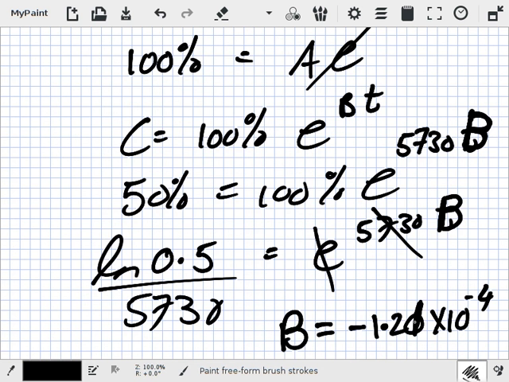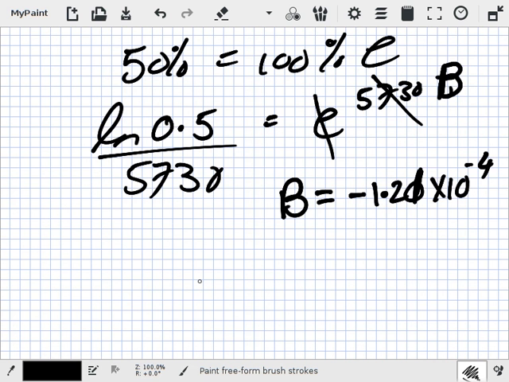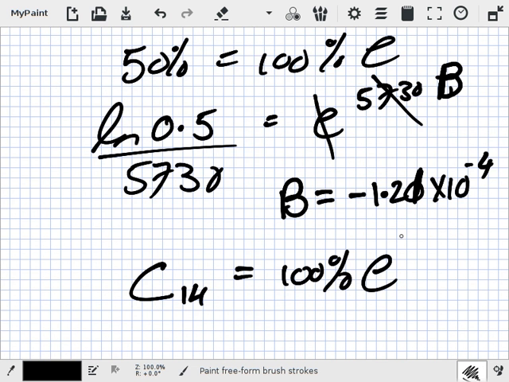So now we have the formula: carbon-14 will equal 100% e to the minus 0.000121 t.